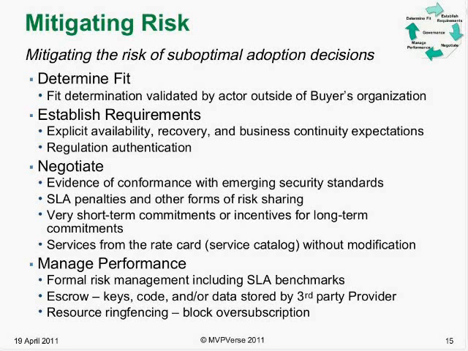So within the negotiate phase, if you have an understanding of the key service levels that need to be met, you make sure there are incentives put in place so that the provider will focus on those service levels that are of most importance, and you contract in a way that allows you to switch to an alternative service if the particular provider that you've contracted with proves to not have the level of performance that you were looking for.